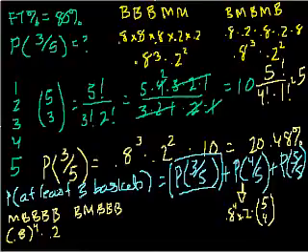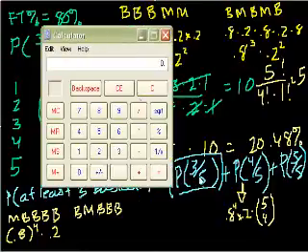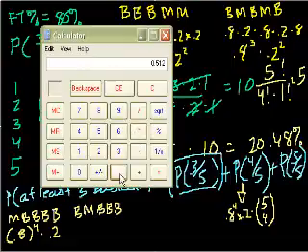So let's just figure this out. It's going to be 0.8 times 0.8 times 0.8 times 0.8, times 0.2, times 5.